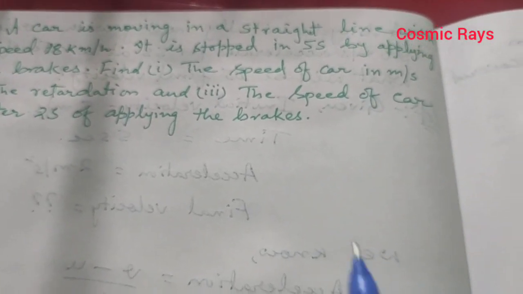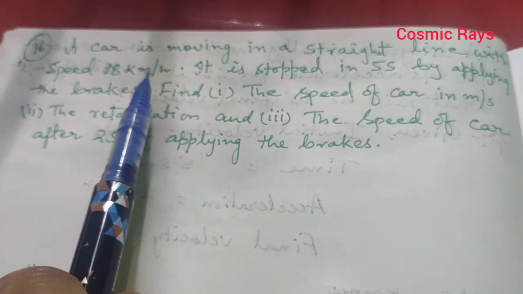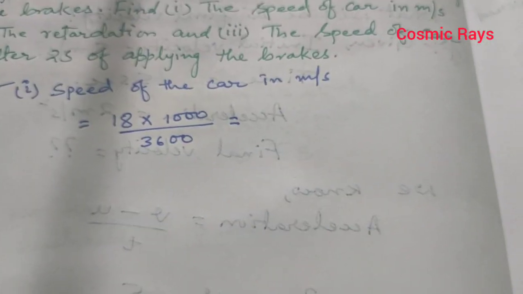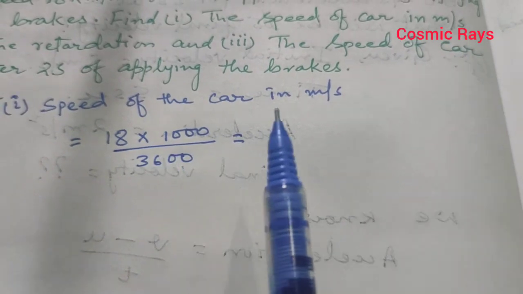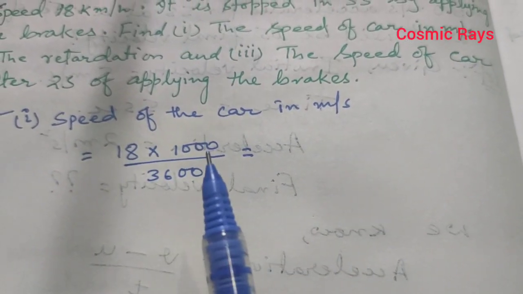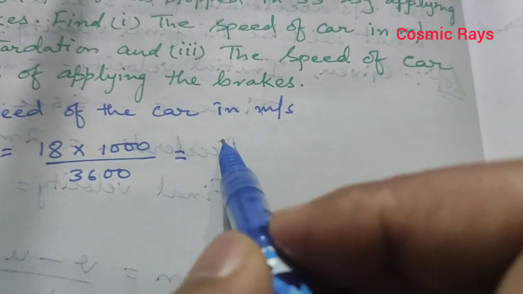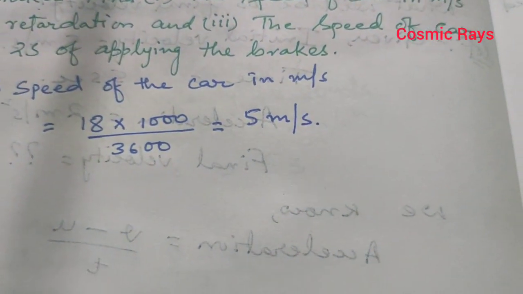So for the first part, 18 km per hour, this is the speed and we simply have to convert it in meter per second. So the speed of the car in meter per second is 18 into 1000 divided by 3600. When you simplify, you'll find it to be 5 meter per second.